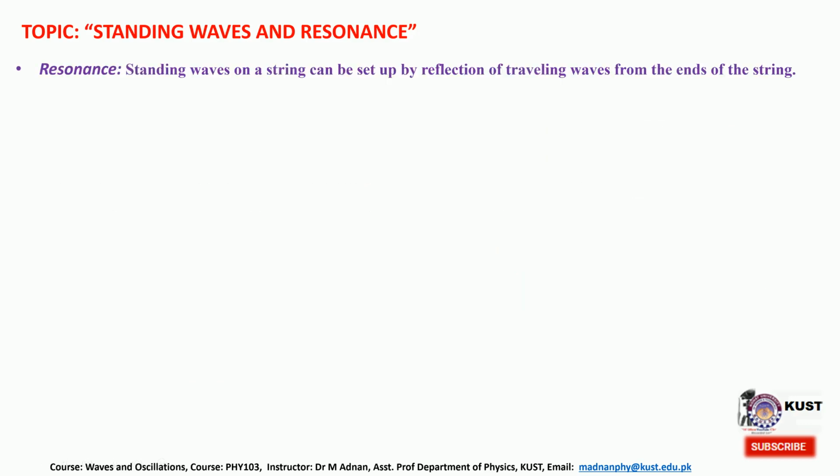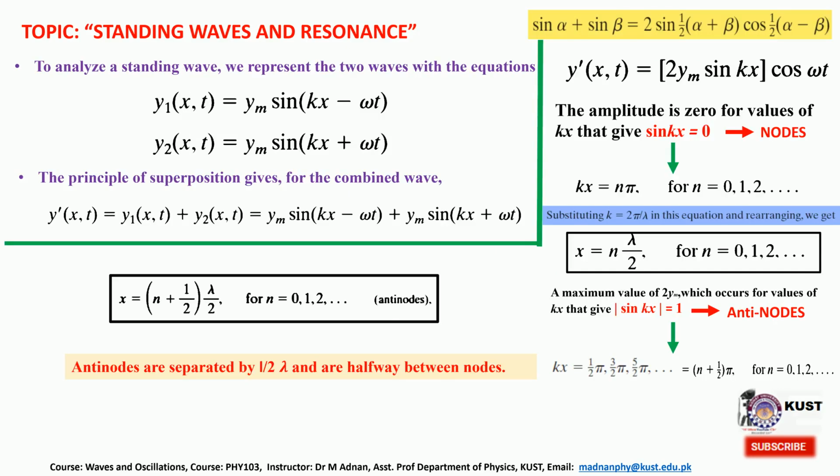Now, these standing waves can be set to resonate, but before going into the resonance part, let me complete one thing. Nodes are those points, as I told you, which do not move along the string, and that's why these standing waves do not transport energy.